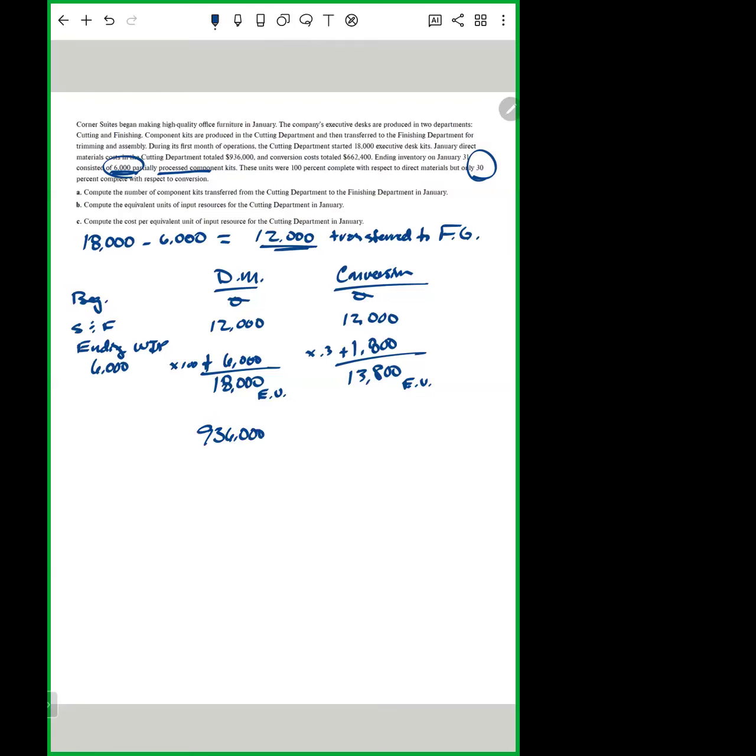$936,000 on the direct materials side divided by the 18,000. And we have 662,400 divided by the 13,800 equivalent units on the conversion side.